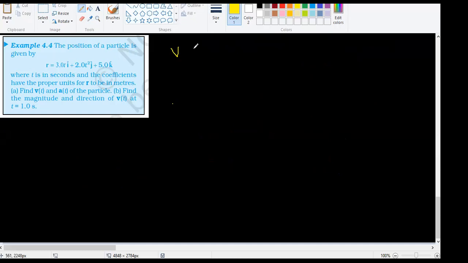So velocity is nothing but dr by dt. If you want to write it in vector form, you can write it like this, which means I have to differentiate this one.